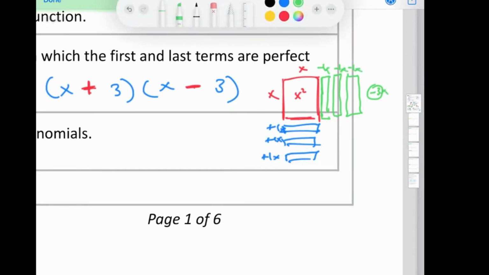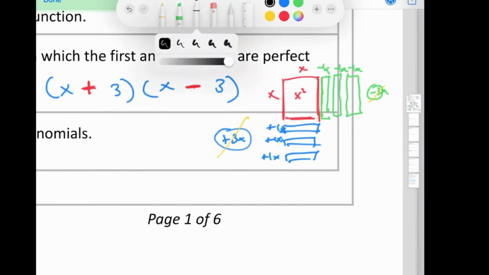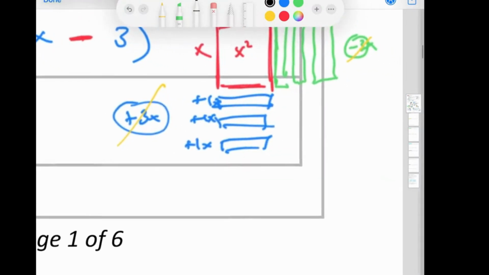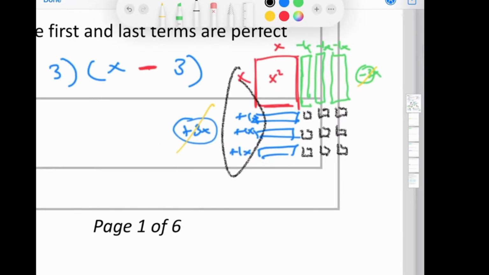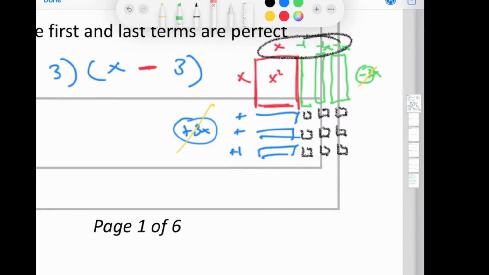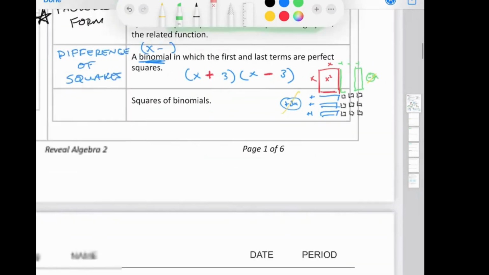This is negative 3x, so a positive 3x and a negative 3x will cancel, so that's gone. And basically what we're doing is finding out this is like a square. I don't know if that makes sense, but this is the conceptual side of factoring. You'll notice it's kind of like the outside of the box, x plus 3, x minus 3. No, those are supposed to be just positive 1s. And everything's disappearing, but hopefully you get the idea.